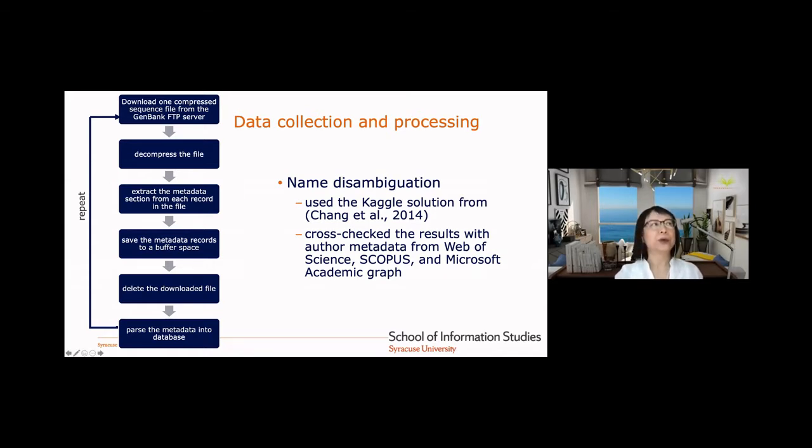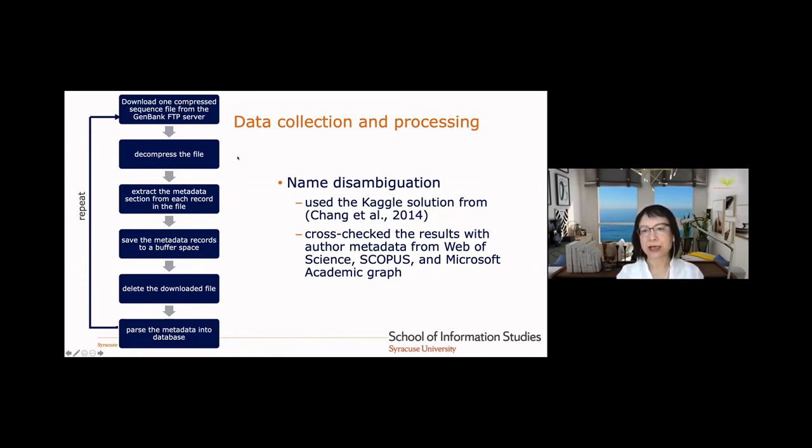So we had to figure these out and then process one at a time. We download one file, decompress it, extract the metadata and ditch the sequence data, because the sequence data makes for a very large file size. We save the metadata records in buffer space and delete the downloaded file, then parse the metadata into the MySQL database, and repeat for the rest of the files.